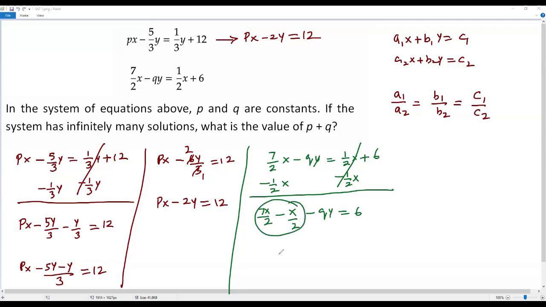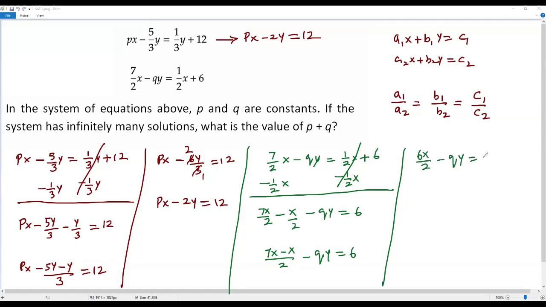Here we subtract two fractions with the same denominator too, so we can take this 2 as a common denominator. Then we get (7x - x)/2 - qy = 6. Then 7x - x is 6x, that is 6x over 2 - qy = 6. 2 goes into 2 one time and 2 goes into 6 three times. I am getting 3x - qy = 6. Now I got the second equation in standard form.